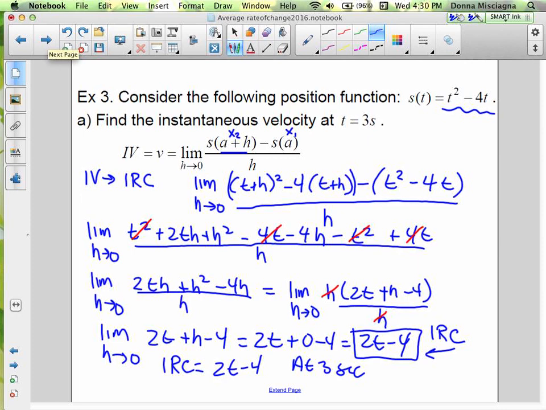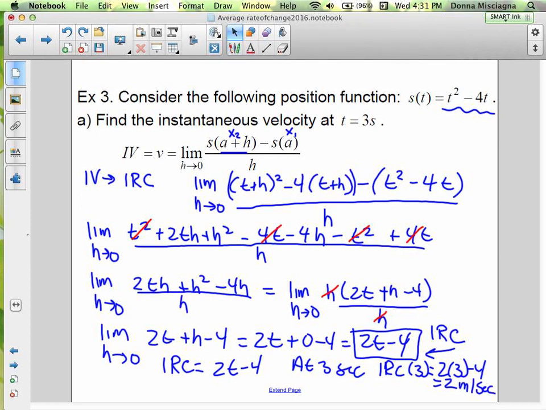So our instantaneous rate of change at 3 seconds, I'm just going to put IRC 3, is 2 times 3 minus 4, so that would be 2, and what was the units of measure here? Seconds, let's just say meters. 2 meters per second, because it doesn't list position.